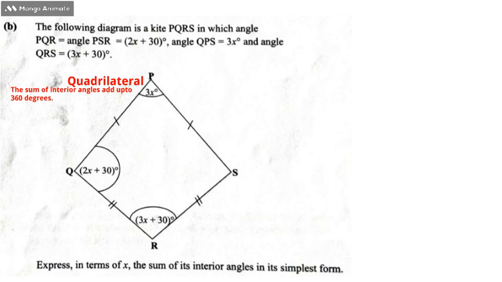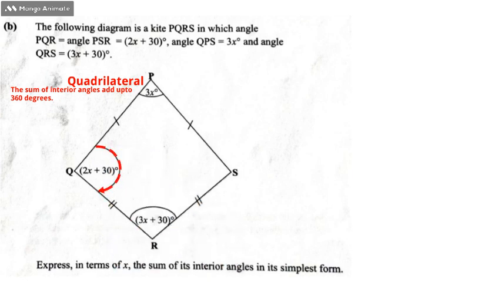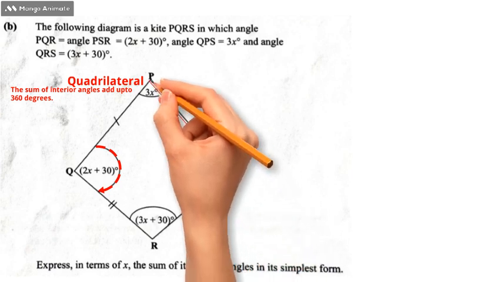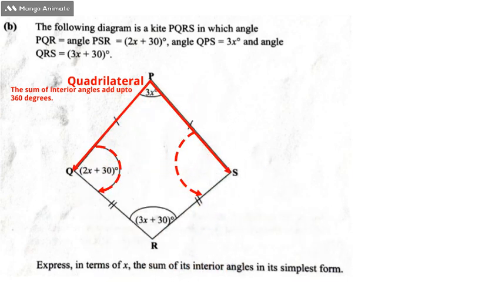For us to do this, we also need to look for angles that are equal. Now when you look at the angle PQR and the angle PSR, these angles are equal. Why? Because you can see that the length of the line PS and the length of the line PQ are equal.